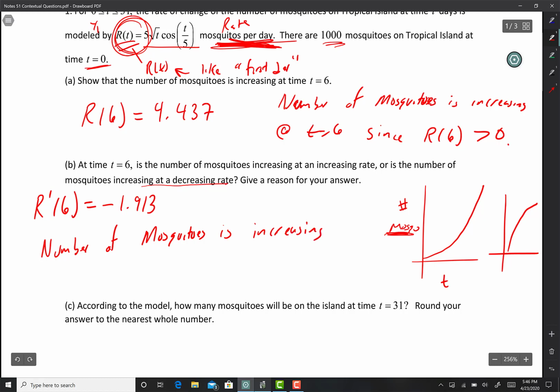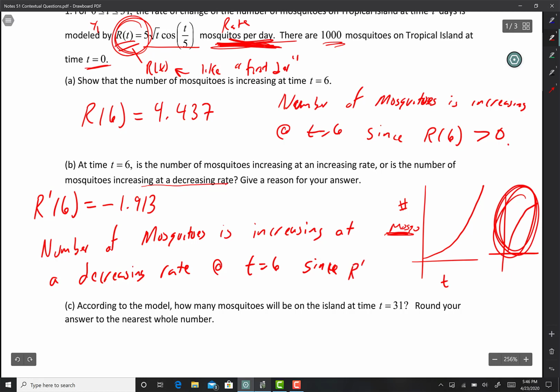It's increasing because R of 6 is positive, but it's increasing at a decreasing rate at t equals 6, since R prime of 6 is negative.